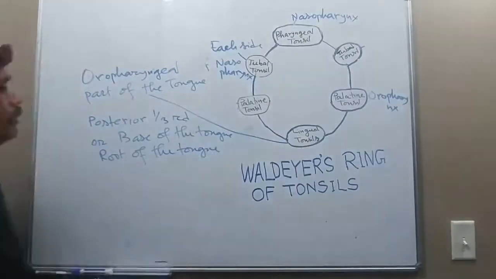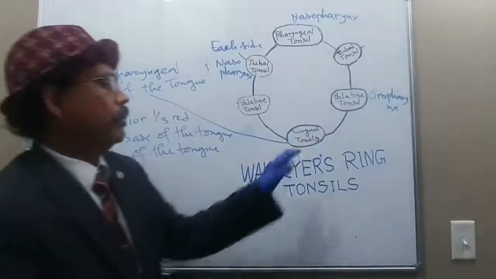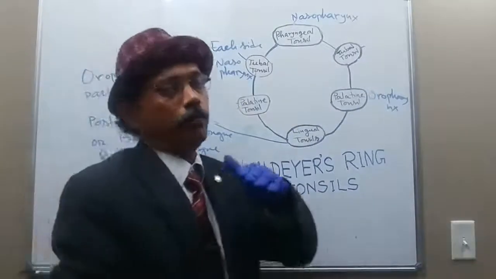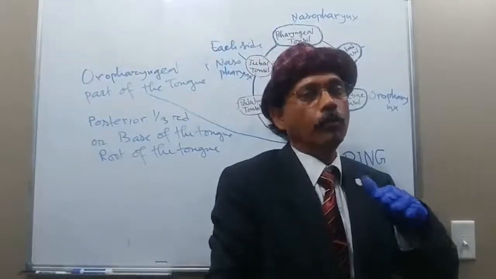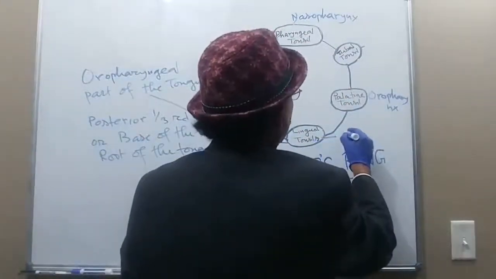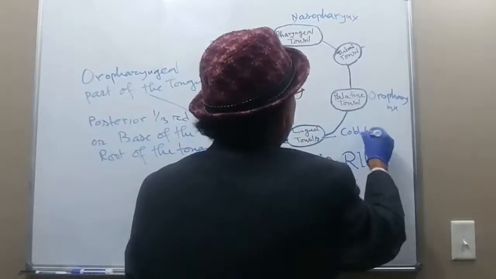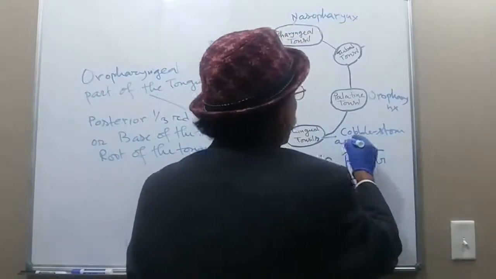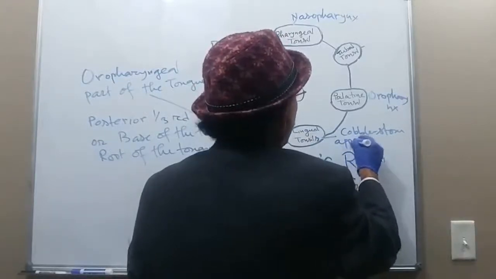We have a lot of lingual tonsil tissue, and that gives the posterior one third of the tongue a cobblestone appearance because of lymphoid follicles.